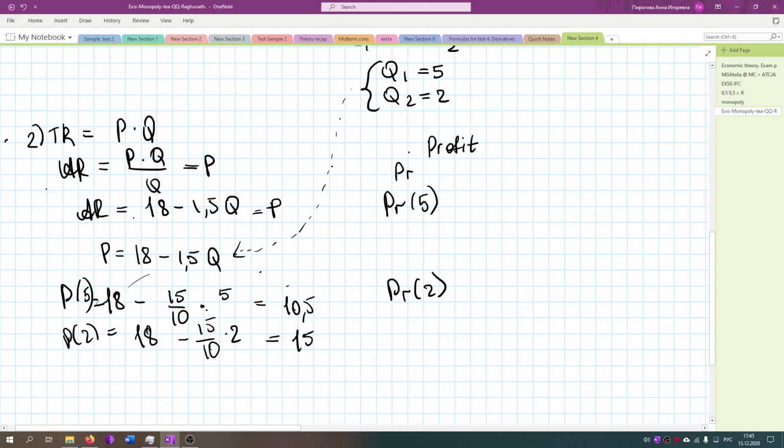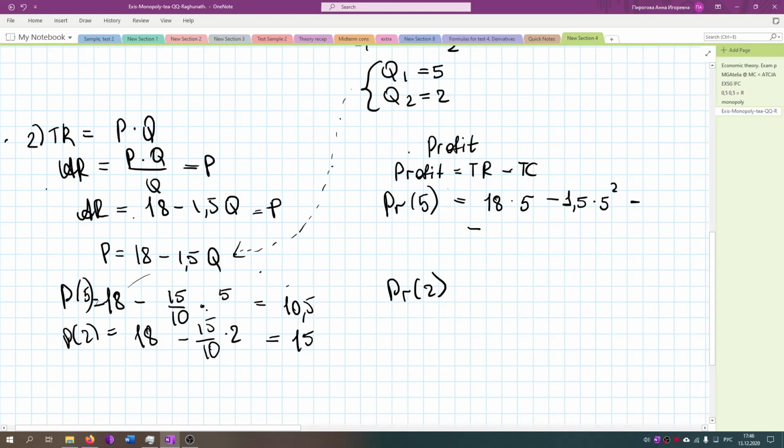So profit is equal to total revenue minus total cost. So in this case, total revenue will be equal to 18 multiplied by the quantity 5 minus 1.5 multiplied by 5 squared minus total cost.